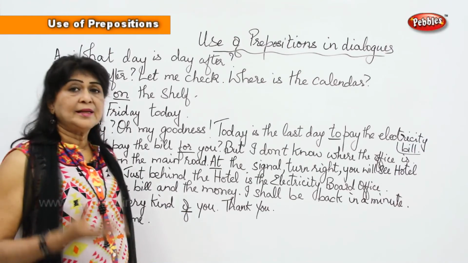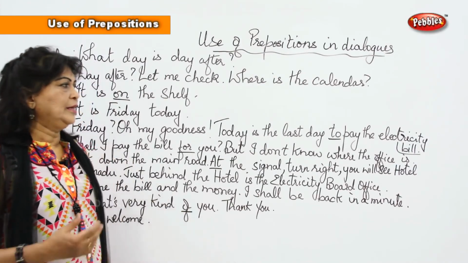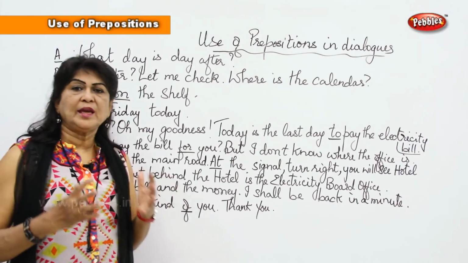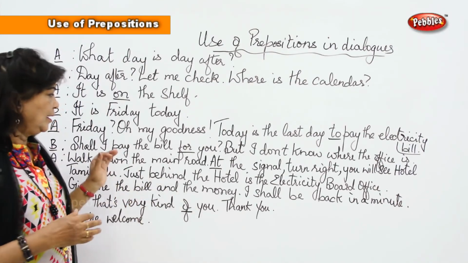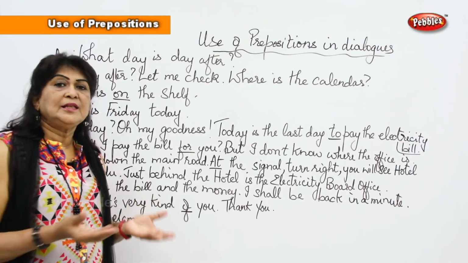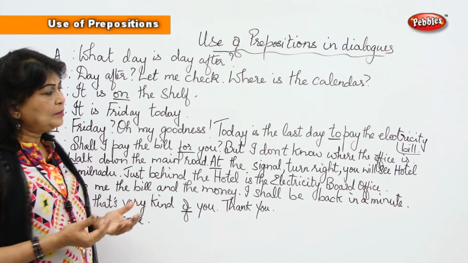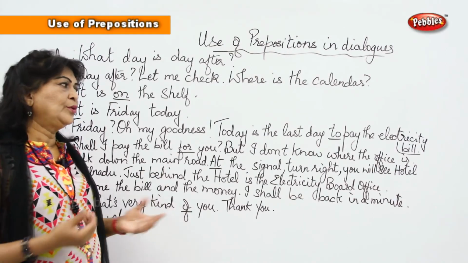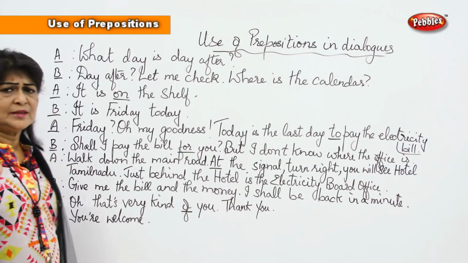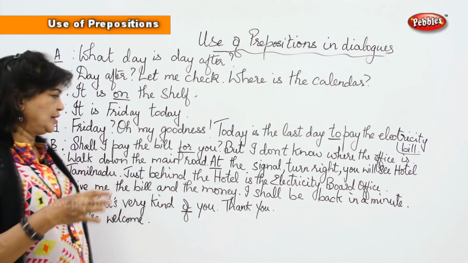Because A is tense, B obliges: shall I go and pay the bill for you? But I do not know where the office is. A says, do not worry, I will give you the direction.